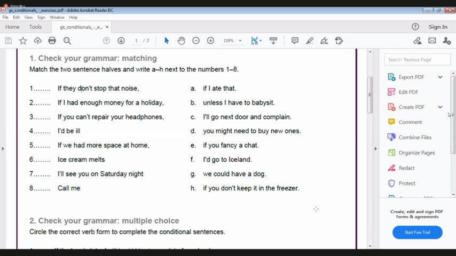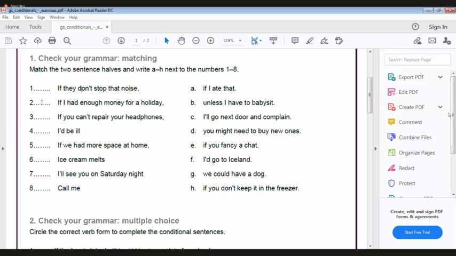Have you finished? Yes, ma'am. Himansa? Yes, ma'am. Okay, right. First one. If they don't stop that noise, what would you do? What is the answer? C. Okay, I'll go next door and complain. What is the conditional? Yes, good.